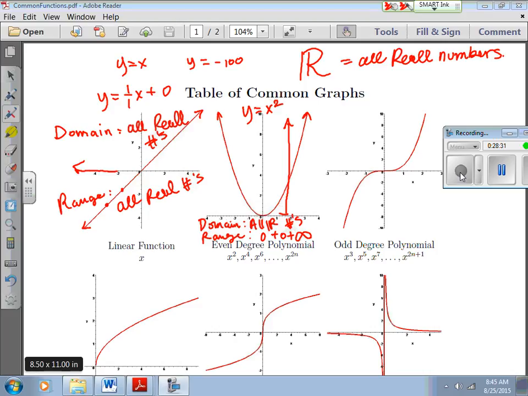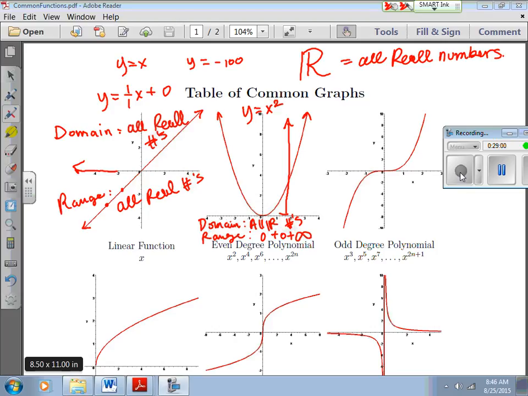All right. I want you guys to try to figure out what is the domain and the range of an odd degree polynomial, any polynomial that's to the third, fifth, seventh, or the 2n plus 1 power. All polynomials that are to the second power or even, x squared, x to the fourth, x to the sixth, or x to the 2n, those are quadratic, okay?